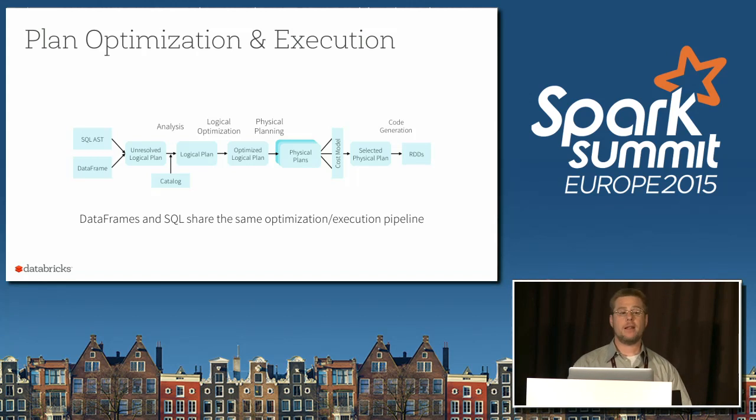Catalyst is a really neat piece of code, and there's a white paper. I have a link to it in a couple of slides, or if you skip ahead, if you've got the slide deck, you can see that. Not the whole paper, of course, just the link. What it does is it's a model for describing optimizations that can be done locally based on places in an AST representing the query.